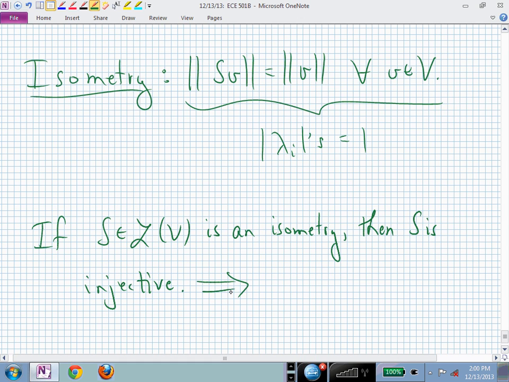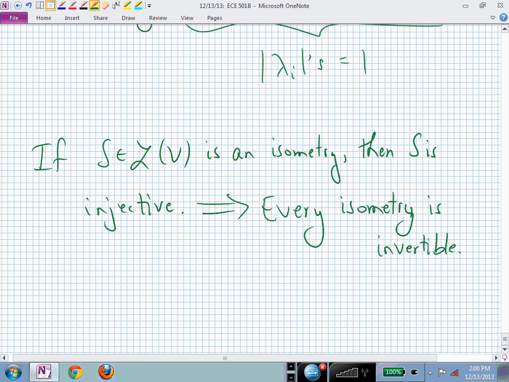And once we have that, and the fact that we're dealing with finite dimensional spaces and this equivalence of invertibility, injective, and surjective, now we know that every isometry is invertible.